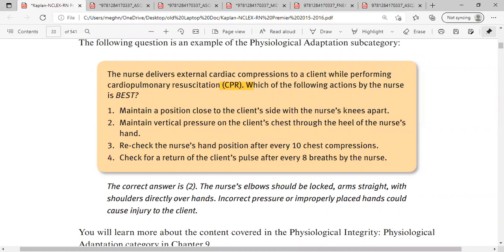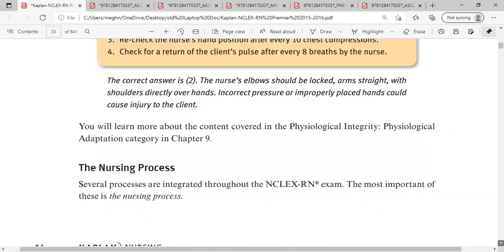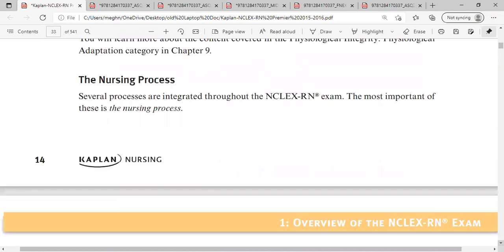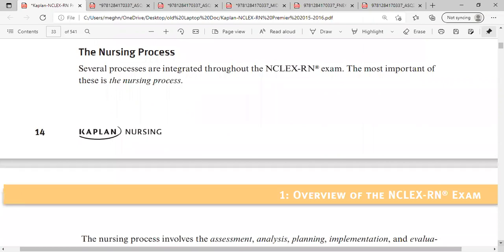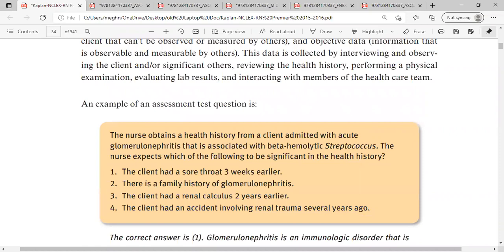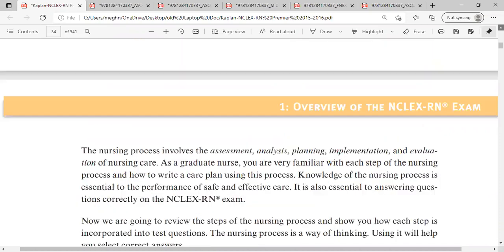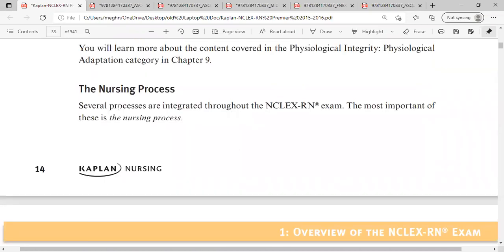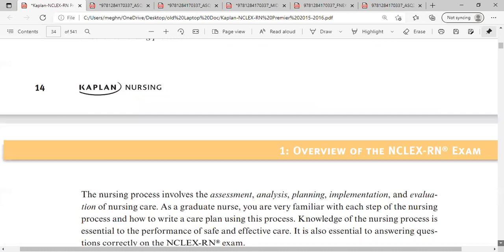What is the next category of question? They said it's called nursing process. Here also we'll get questions from the nursing process. Several processes are integrated throughout the NCLEX exam, and the most important is the nursing process.